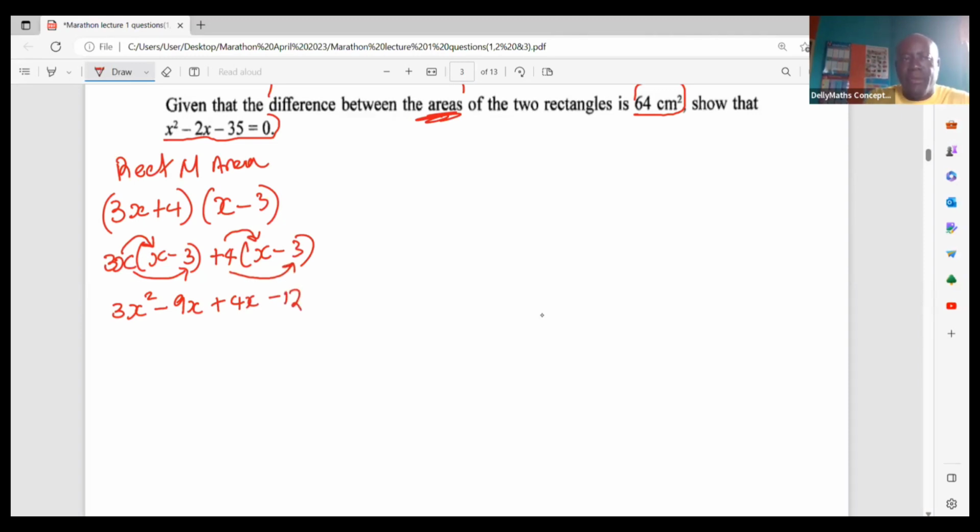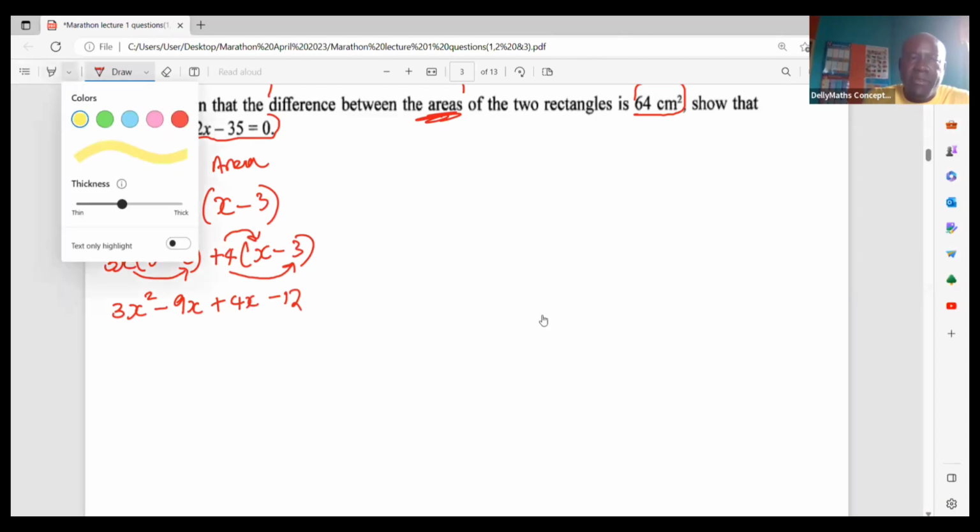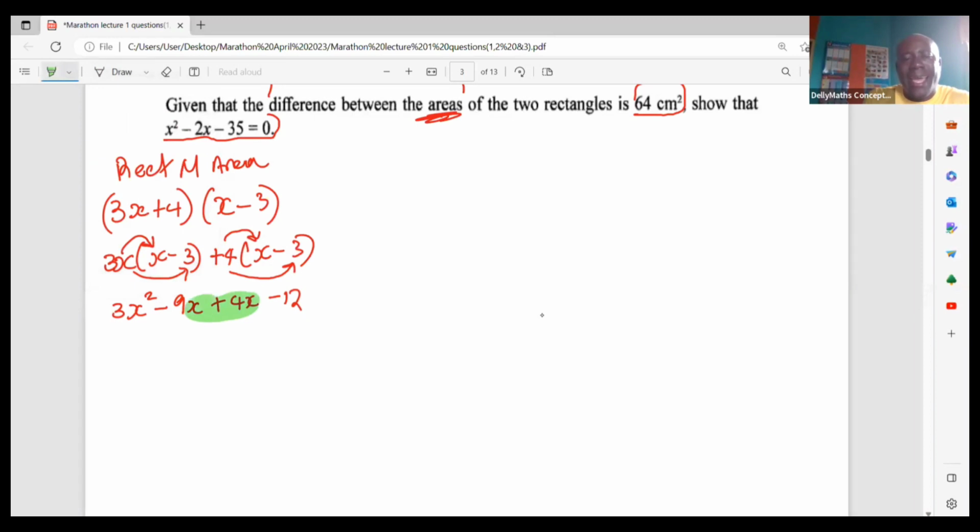Then you want to simplify. But you can only simplify things that are similar, that are alike. These are the only like terms we have, right? So I could write back my 3x squared, but when I put together a negative 9 and a positive 4, I'm going to get a negative 5 with an x and a minus 12 at the back.